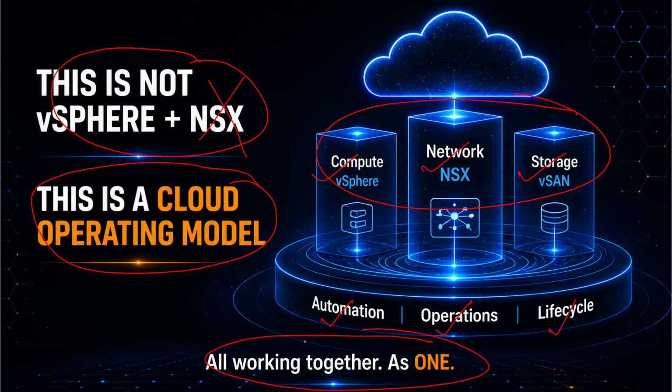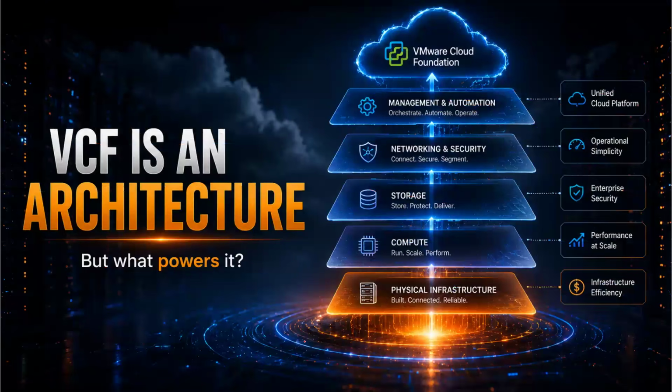And now the entire picture starts becoming clear. And that takes us to the next slide. As you can see on your screen, VCF, VMware Cloud Foundation, is an architecture. It is an architecture which is built layer by layer, from physical infrastructure to compute layer to storage layer to networking and security, automation, and finally, a unified cloud platform.